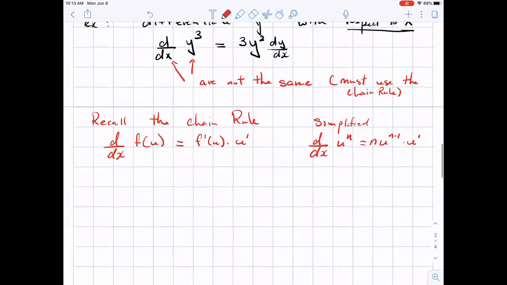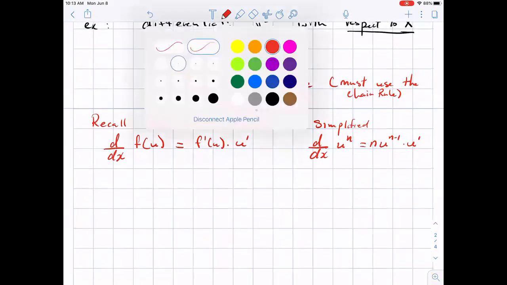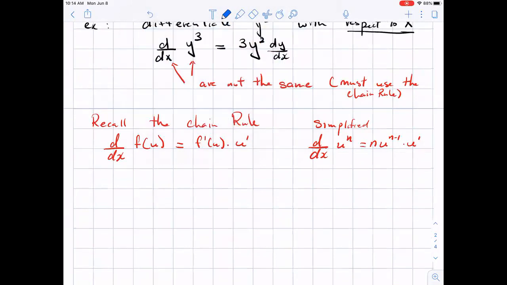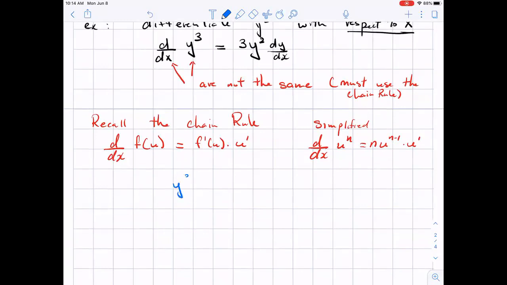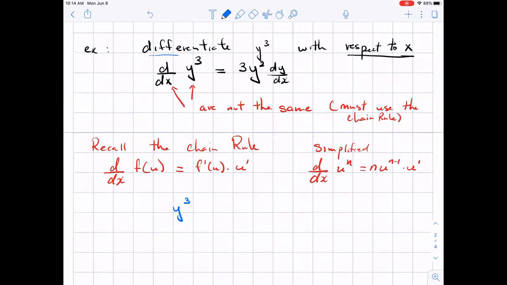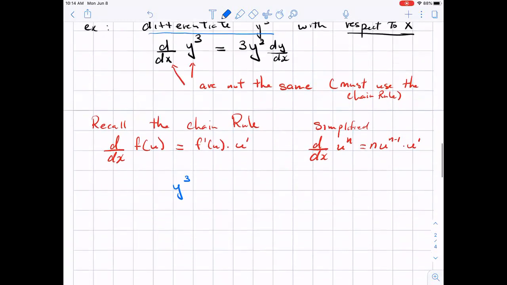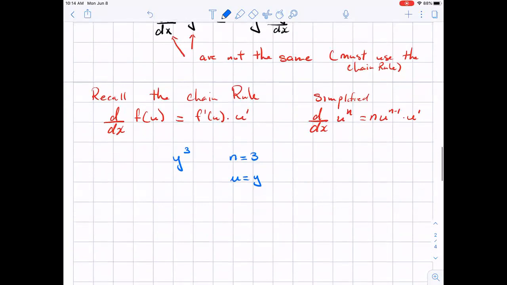And that's really what we did in the example. If we look back at the example, we have y cubed. So n here is equal to 3, and u is equal to y. So the formula says n times u to the n minus 1 times u prime.